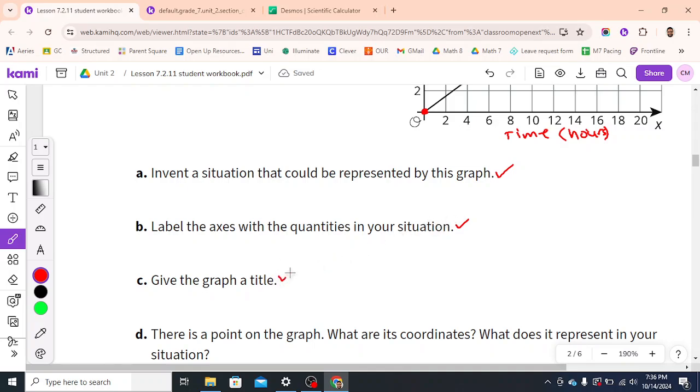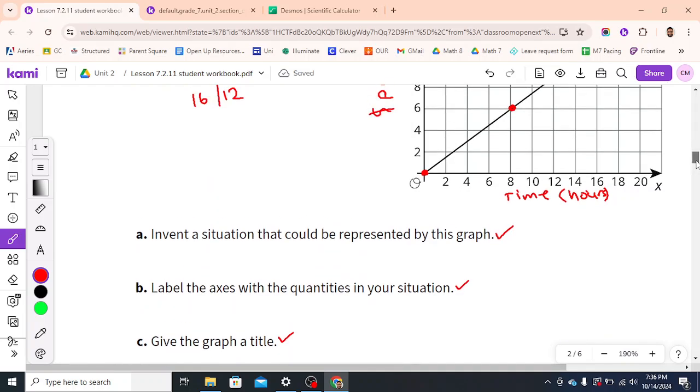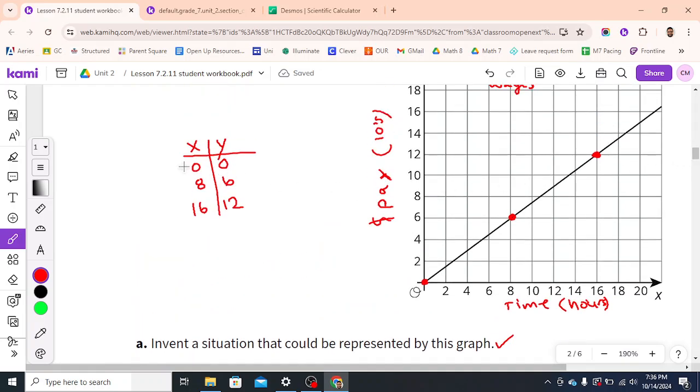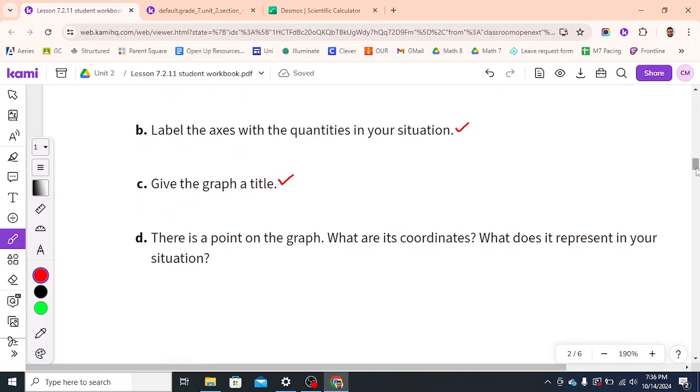Give the graph a title. Definitely did that. There's a point on the graph. What are its coordinates? You know what? We already did that. Look at that, I must have been psychic. But the data table: 0, 0, 8, 6, 16, 12. Let's actually write it in the form of coordinates. That would be in what's called an ordered pair, 0, 0. Remember, X, Y. Then the other one was 8, 6.